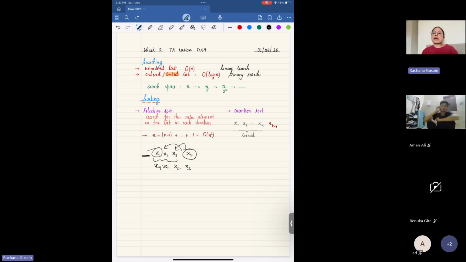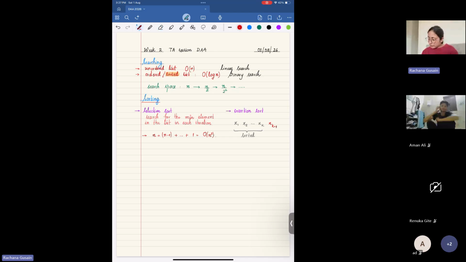So it's just about finding the right position of this next element in this sorted list. In the worst case, you might have to shift the entire first k elements to the right. So the kth iteration is going to take k steps. In that way, we can again find the running time of this algorithm.